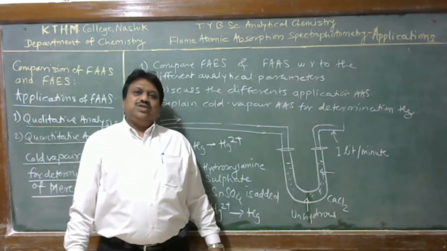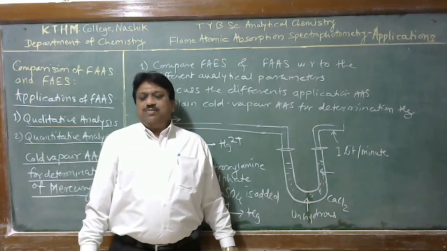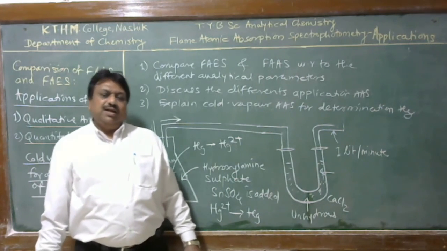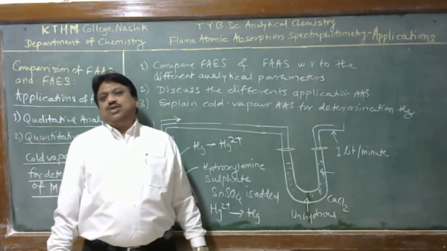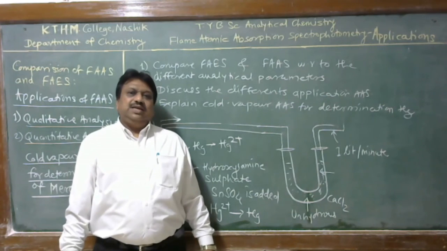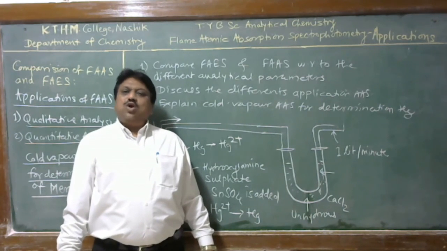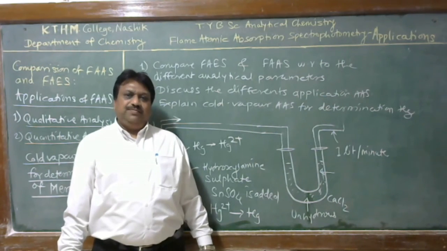In addition to this, we discuss the advantages and disadvantages of atomic absorption spectrophotometry as well as we compare atomic absorption and atomic emission spectrophotometry. With this, we complete here the total atomic absorption and atomic emission spectrophotometry.